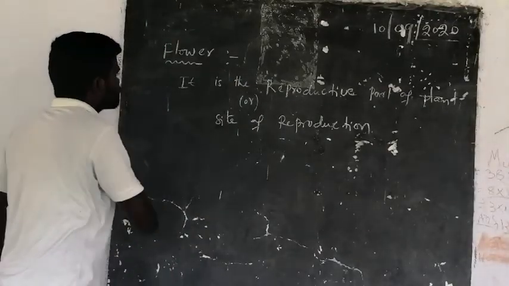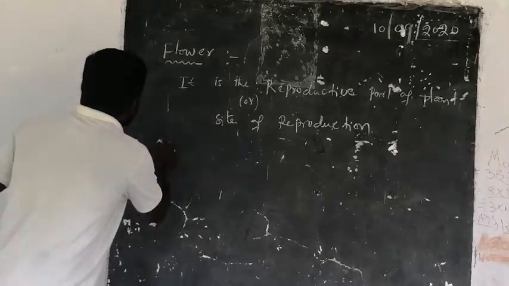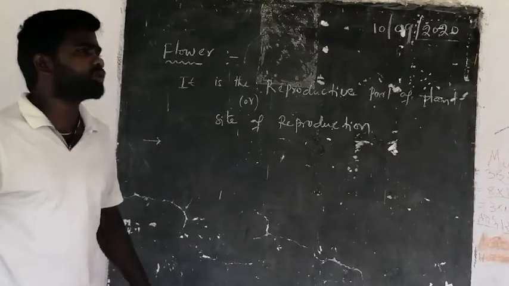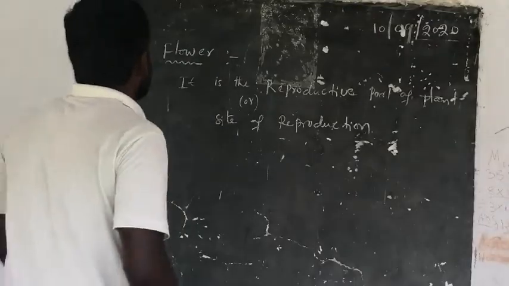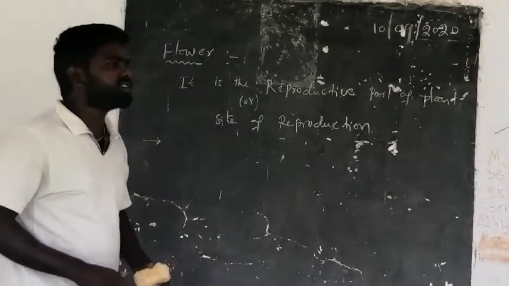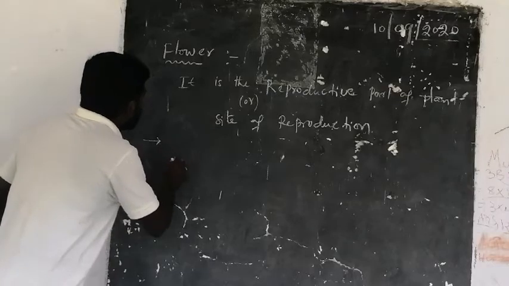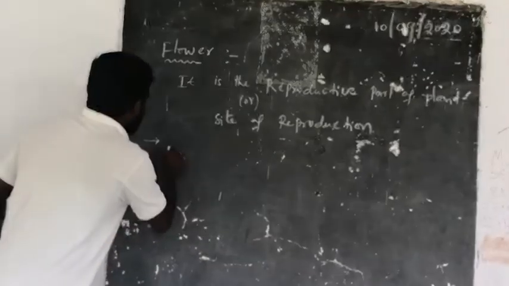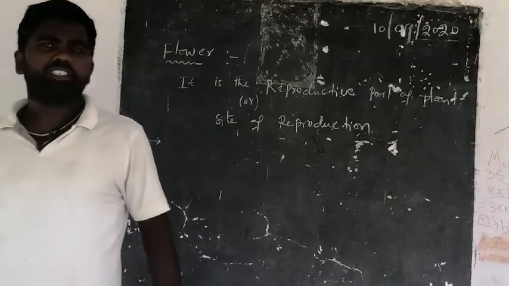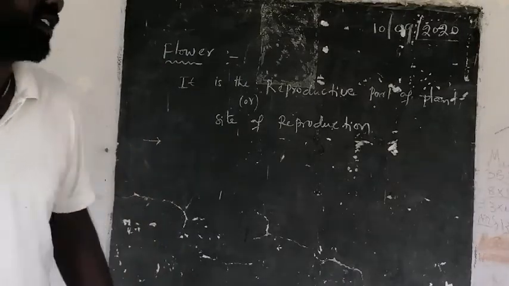And here the flower is consisting of mainly two kinds of parts. What are the main two kinds of parts of the flower? There are two main kinds of parts of the flower, and they are non-essential parts and essential parts.